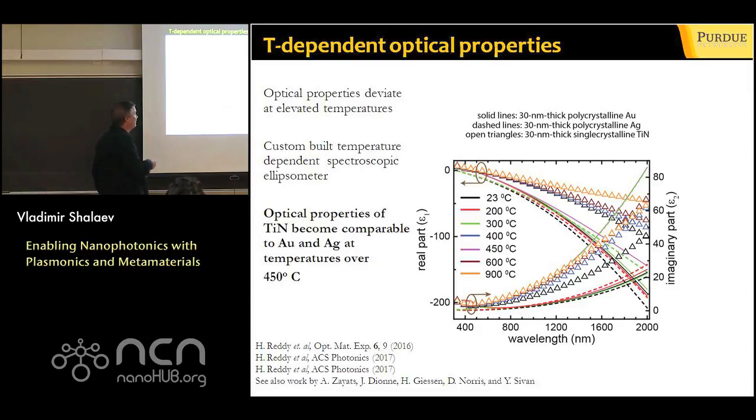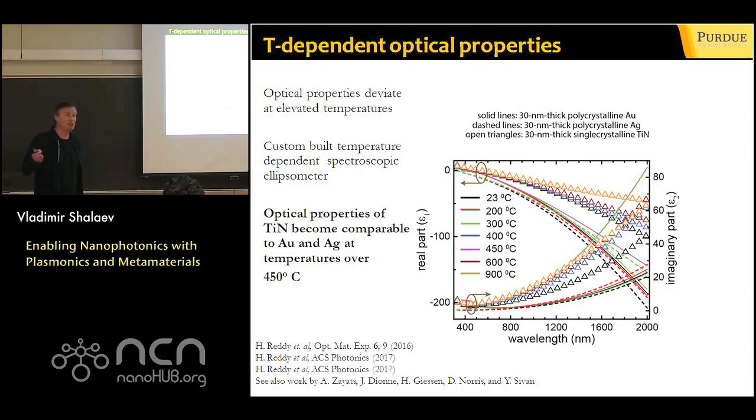This is a kind of busy slide, but the simple conclusion is that at room temperature, gold outperforms titanium nitride a little bit in terms of plasmonic properties. The imaginary part is somewhat less, not much, but less. However, when you heat it up to around 450 Celsius, titanium nitride actually becomes comparable to silver and gold.